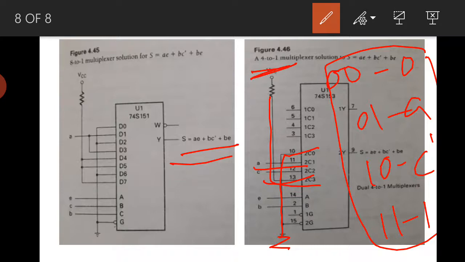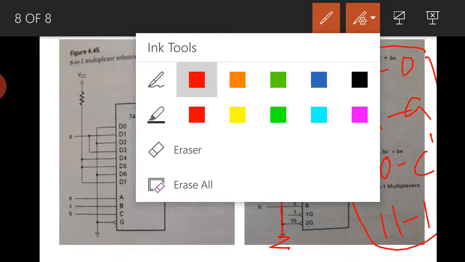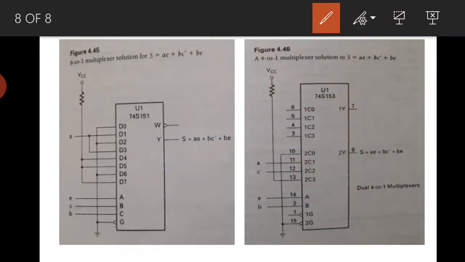Okay, this is the IC here, it is dual 4:1, but in that case we are using only 1 4:1 mux in this. So here C bar, in the sense C with a NOT gate is required. C and NOT gate, so that will become C bar. They have implemented it there directly as C bar.